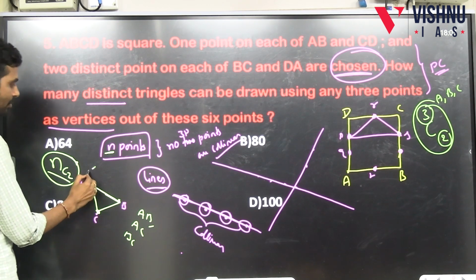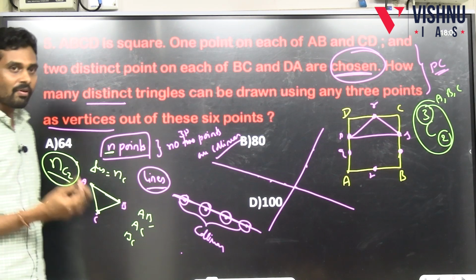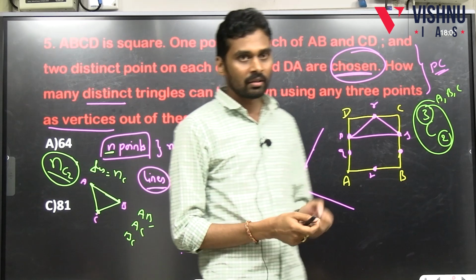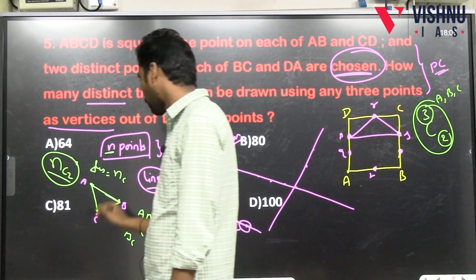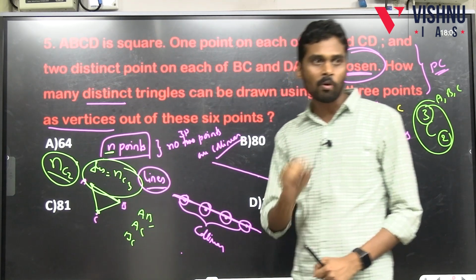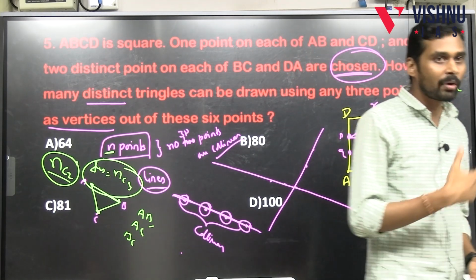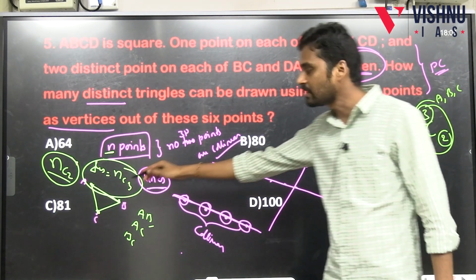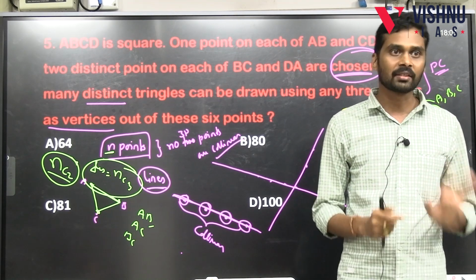Similarly, to form triangles, how many points are required to draw a triangle? 3 points, and no 3 points are collinear; that condition is always there. So the number of triangles is NC3. Directly, what we have to apply is the NC3 formula, that's it.